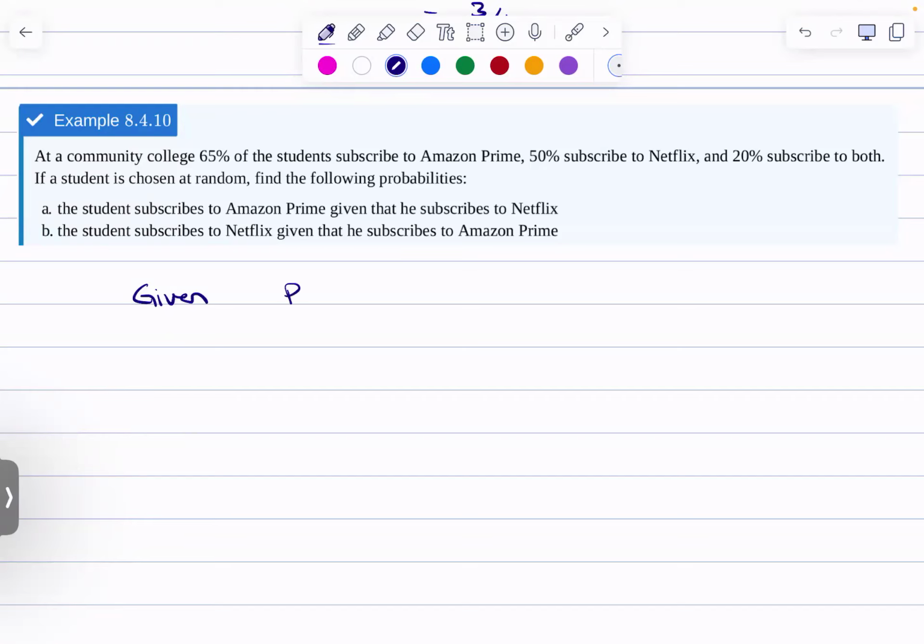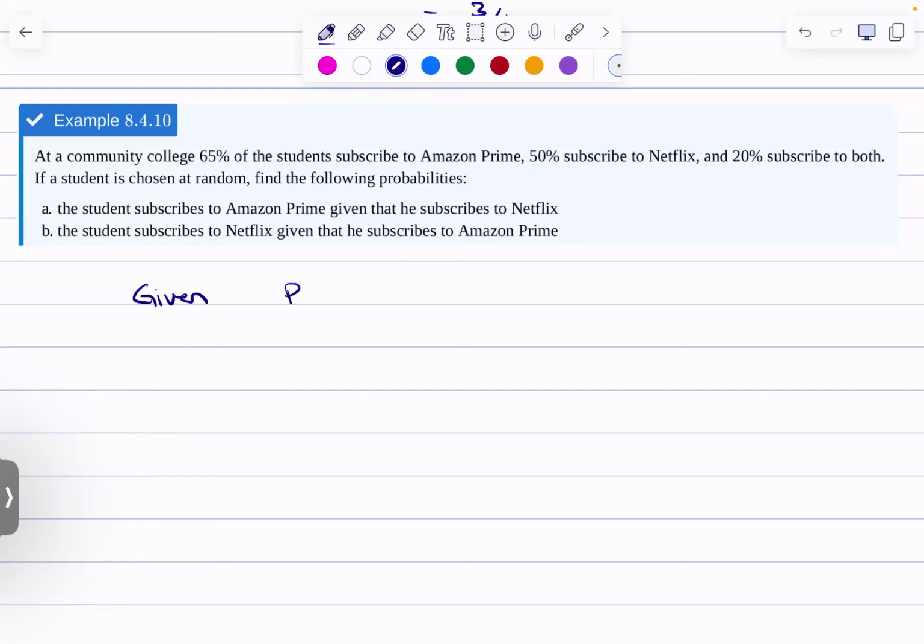And for Netflix. That one's pretty self-explanatory. And we're given the probability of P, Amazon Prime, is 0.65. The probability of N is 0.5. Usually I like to match.